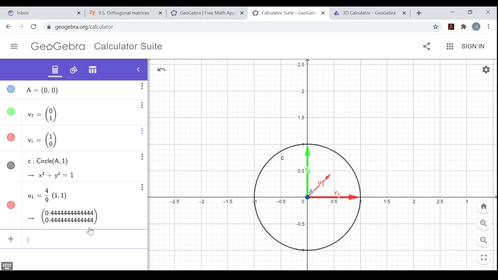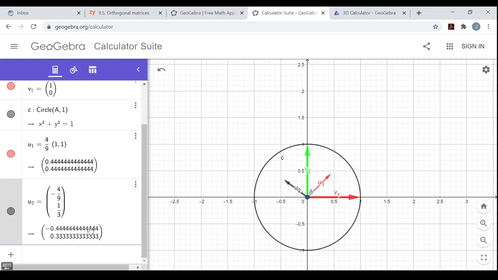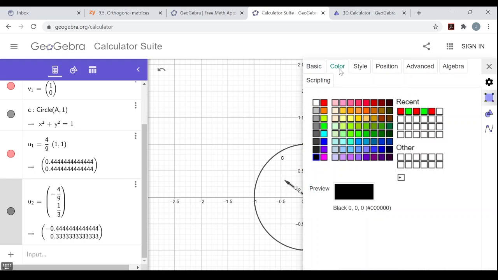And then putting in the other one, u2 was the second column of matrix A, negative 4/9, 3/9. And then make this green, because it's where the green vector is mapping to.